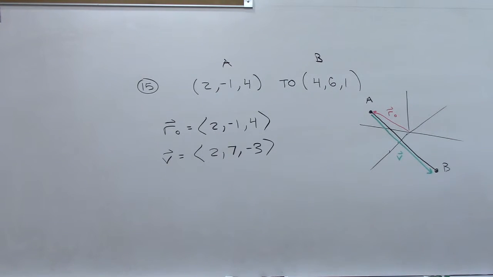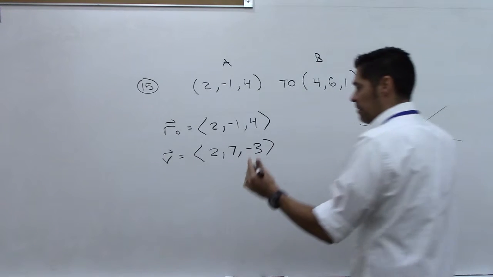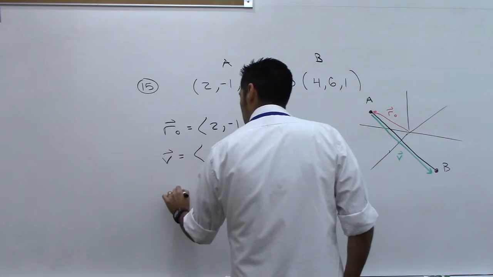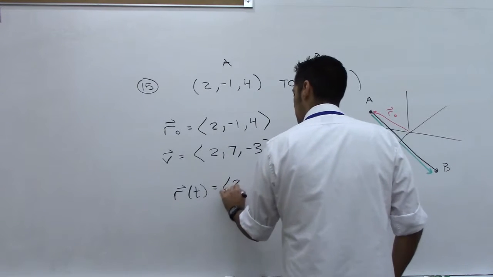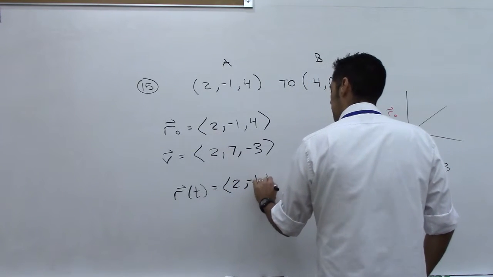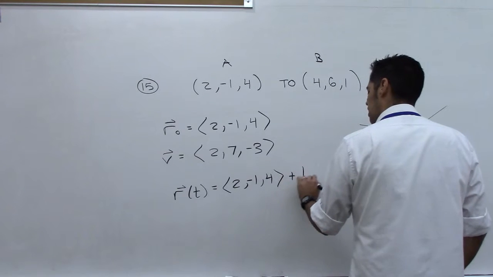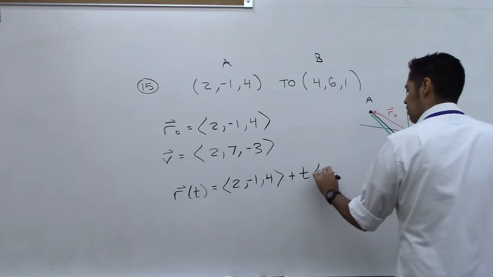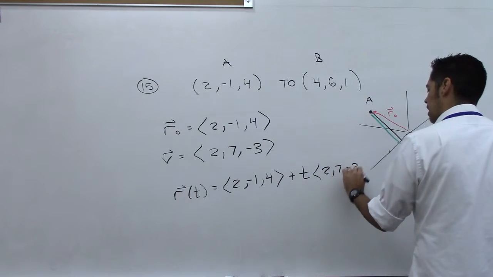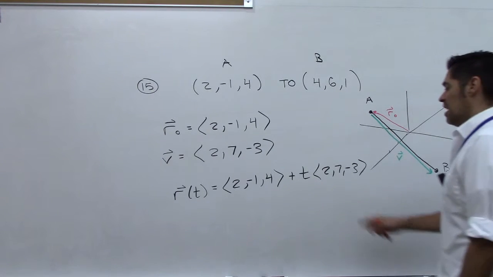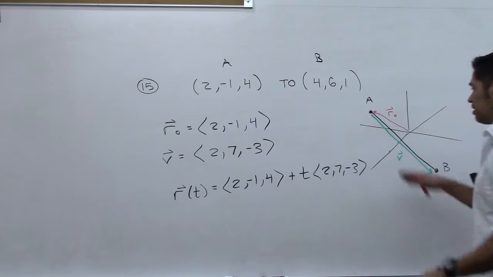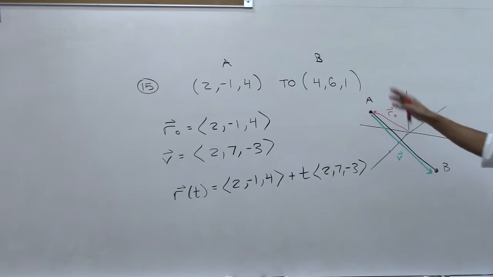And so I come up with my formula. My formula will be r(t) equals r0 plus t times v, which is (2, 7, -3). Now, again, the key to this is that if t is all real numbers, then it's going to draw the entire line, not just the segment.